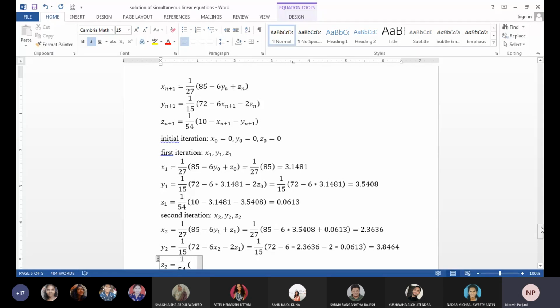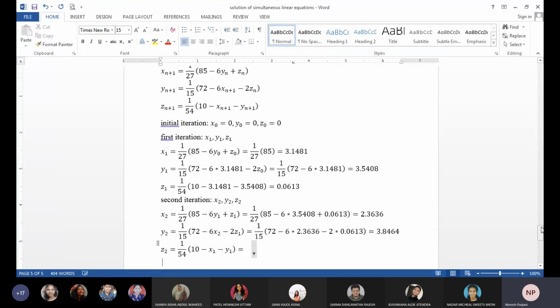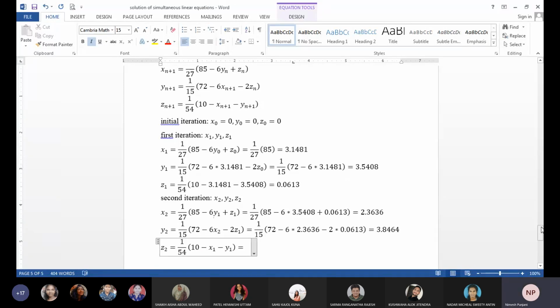Then z2 will be 1 upon 54 times 10 minus x1 minus y1.